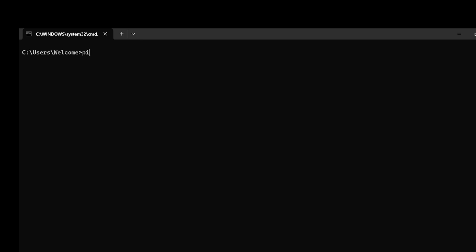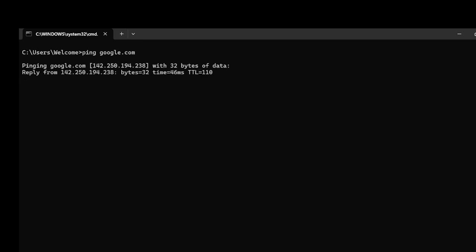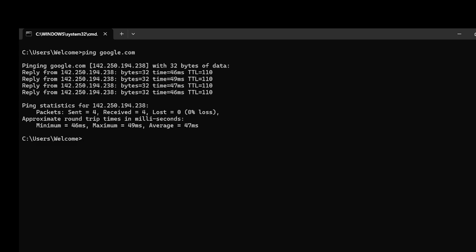You can use ping and say google.com. Here you are checking whether communication exists between your computer and the Google domain. When you type google.com, it gets resolved to this IP address, 142.250.194.38. So this is the Google domain's IP address. This is one way of getting the IP address.